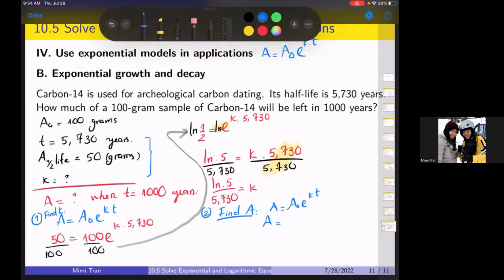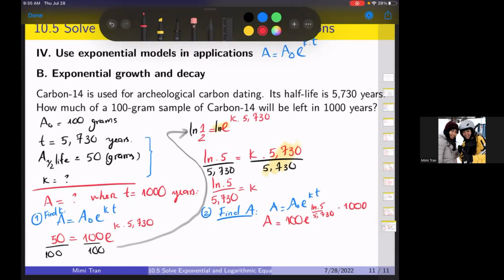A naught is, again, the initial amount, which is always 100. You don't change them. e is e. K, now I know that it's ln 0.5 over 5,730. And I forgot to do this in red. And t is what? t is 1,000, right? After 1,000 years. So t is 1,000.